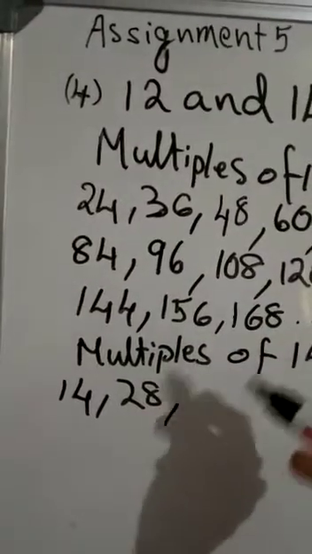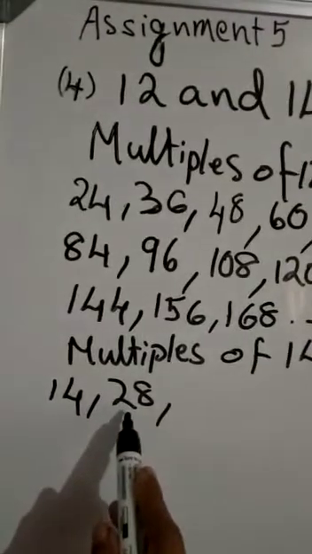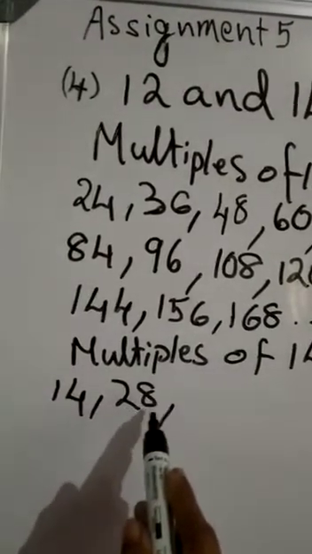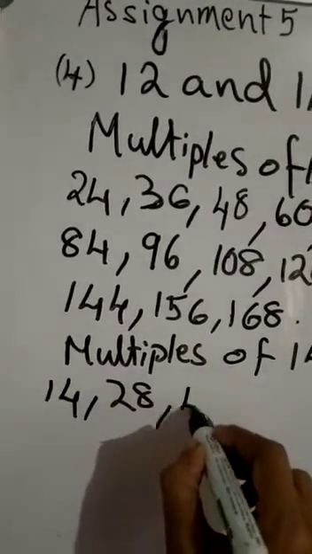If you don't know the multiples of 14, what you have to do is write 14. 14 plus 14 is 28. 28 plus 10 is 38. 38 plus 4 will be 42.